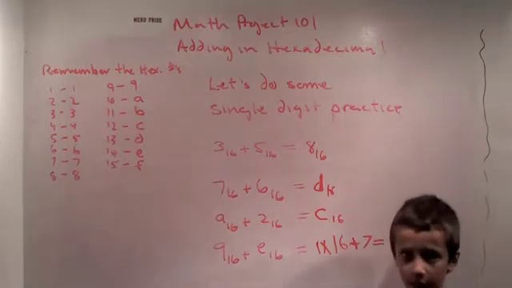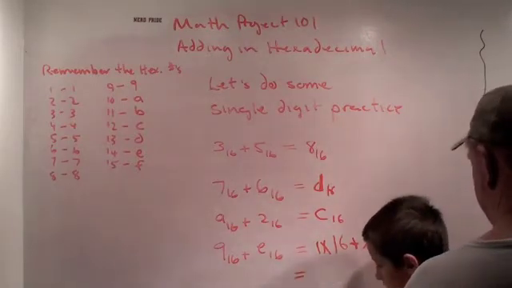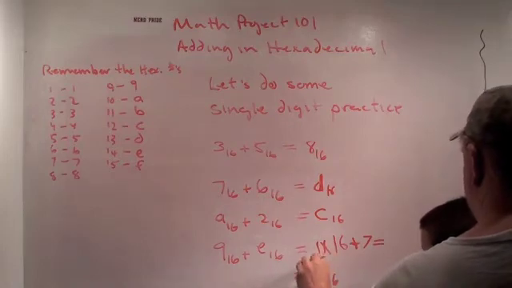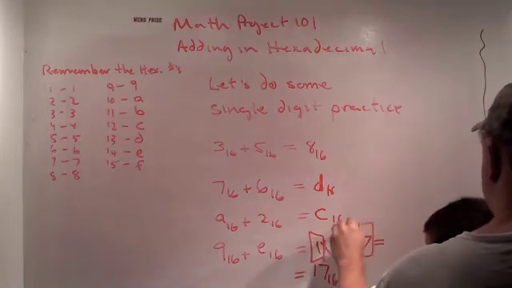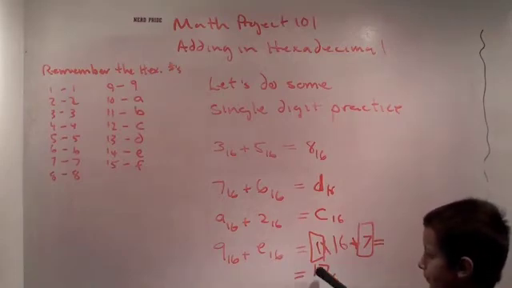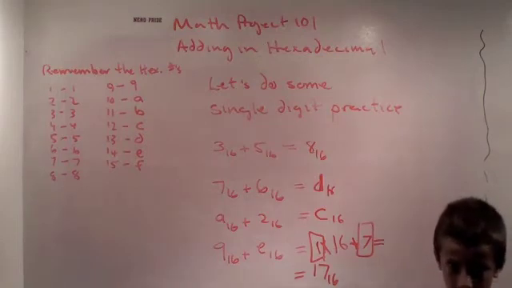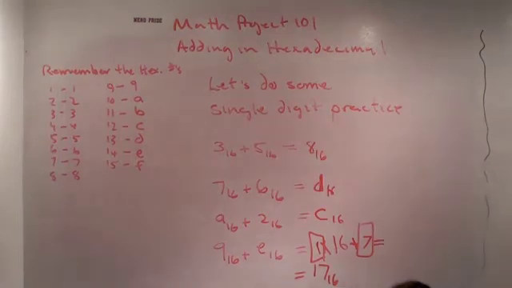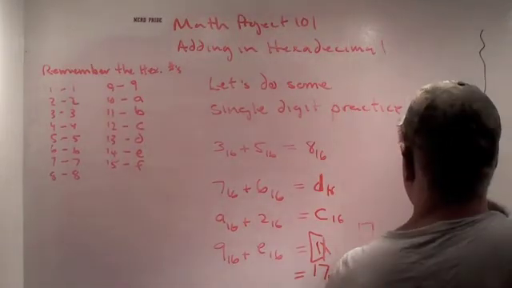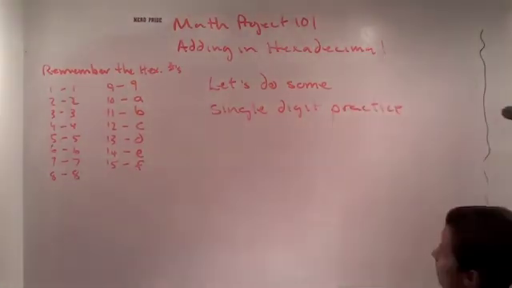You just write it in base 16 as 1 7 base 16, because it's 1 times 16 plus 7. So 9 plus E is 1 7 base 16. Not 17. You don't say 17 because 17 is in base 10. Okay, so let's do a few more of these single digits to practice.